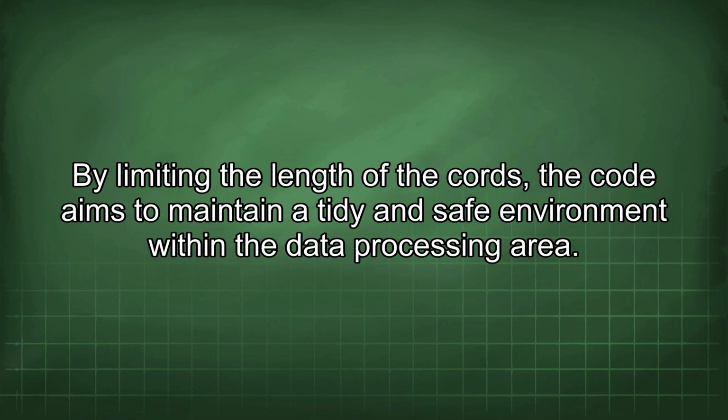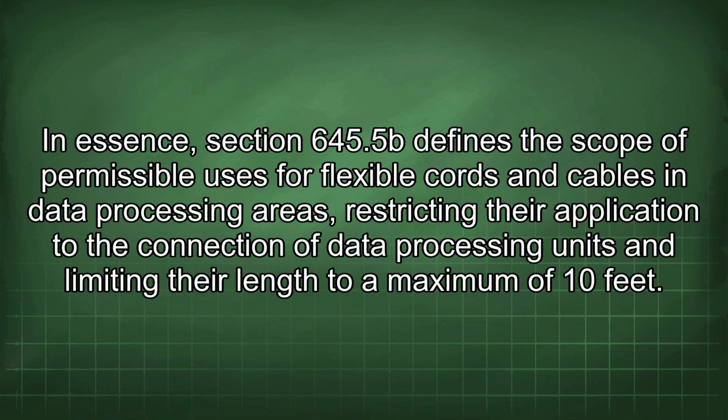By limiting the length of the cords, the code aims to maintain a tidy and safe environment within the data processing area. In essence, Section 645.5 defines the scope of permissible uses for flexible cords and cables in data processing areas, restricting their application to the connection of data processing units and limiting their length to a maximum of 10 feet.